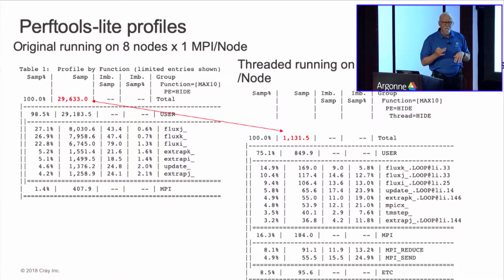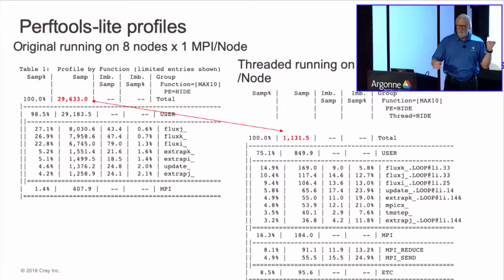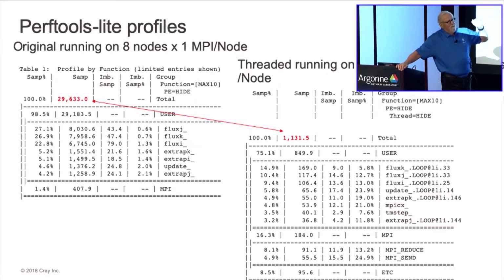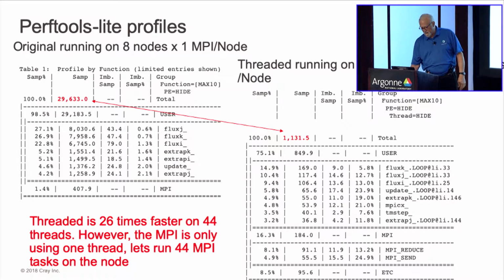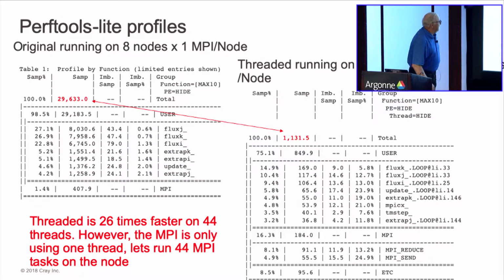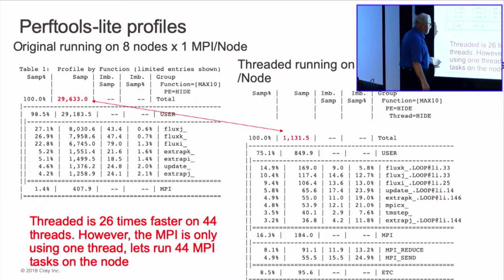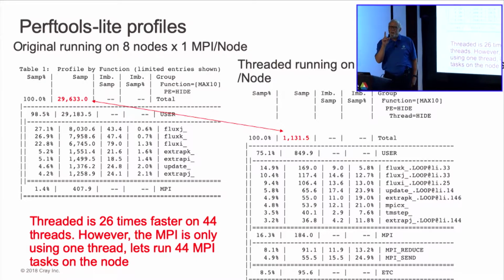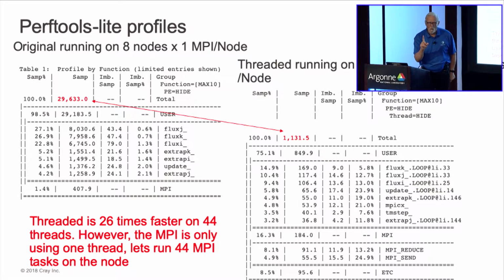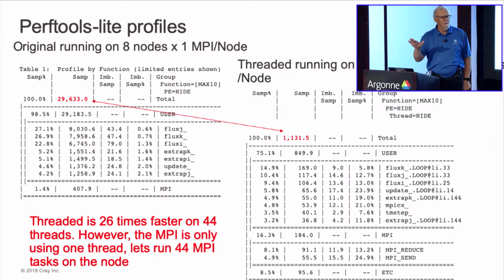There's so many GPU people that do this. They run on the GPU and compare it to one processor on the host. Well, we're not going to cheat. So we are faster. However, this one is only doing one MPI task per node, no OpenMP.